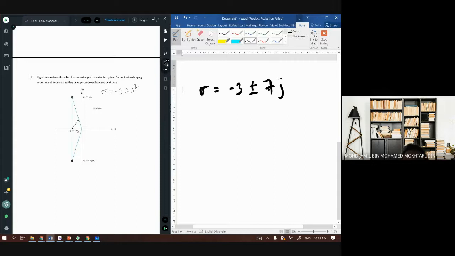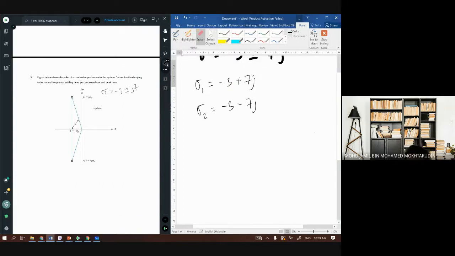So what you need to do is, from the poles, you find the quadratic equation. You can do this by writing sigma 1 equals -3 plus 7j, sigma 2 equals -3 minus 7j, and then rearrange to make it equal 0.